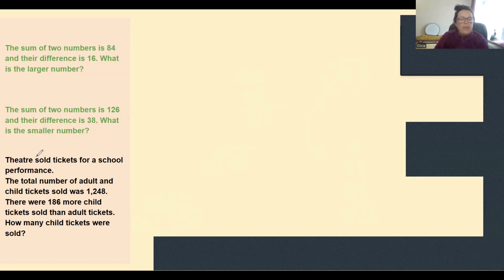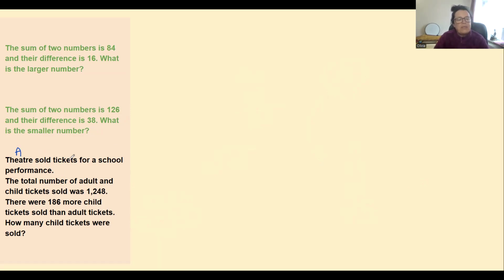A theatre sold tickets for a school performance. The total number of adult and child tickets sold was 1,248. So we've got the adult tickets plus the child tickets equals 1,248.